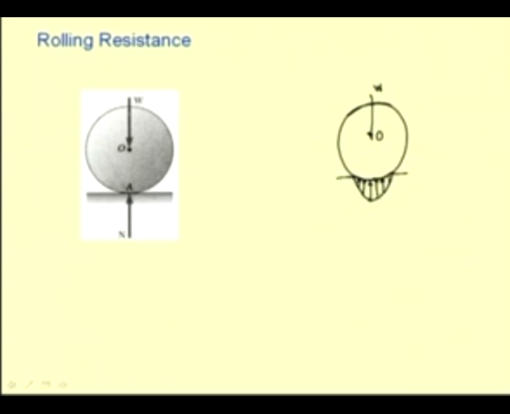The resultant of all these forces is equal to this R or N, which is equal to the weight of the wheel when this wheel is idle or which is not in the rolling motion.